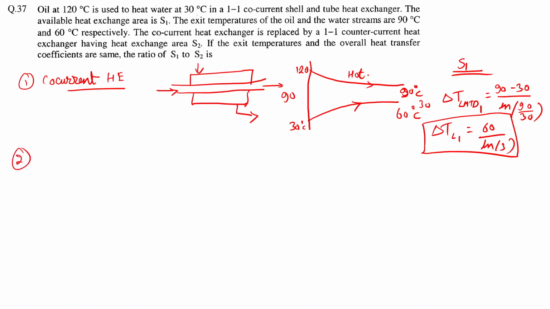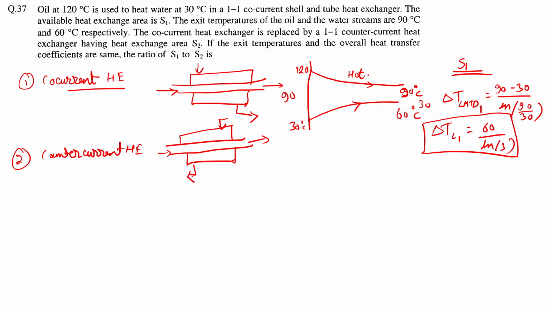Now we are replacing this heat exchanger by the counter current heat exchanger. So for the counter current heat exchanger, the flow direction will be as mentioned in the figure. Tube side fluid will enter in the same direction, whereas the shell side fluid will enter in the opposite direction.